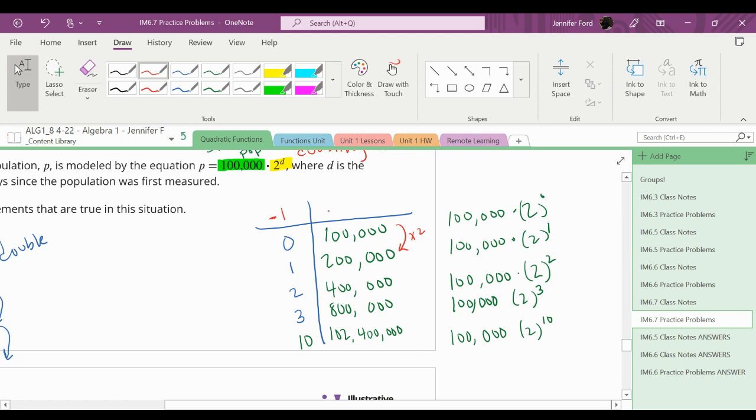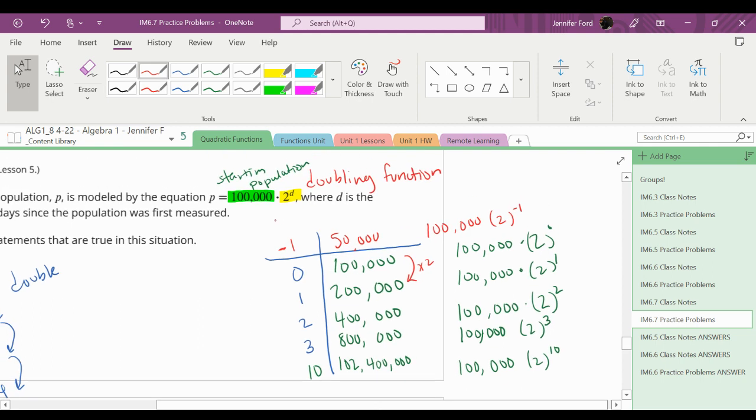So this would be 50,000, which is 100,000 times 2 to the negative 1 power. Then negative 2 would be half of that again, which would be 100,000 times 2 to the negative 2.